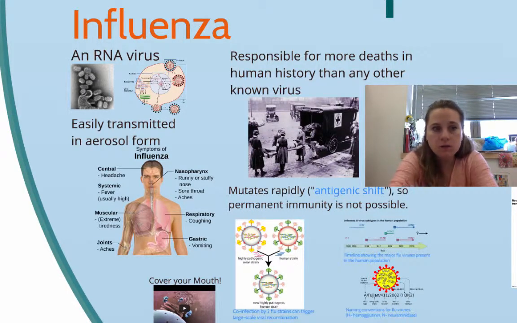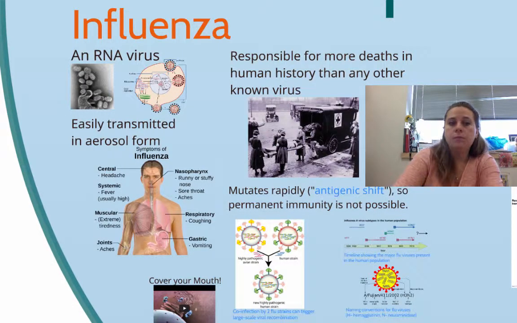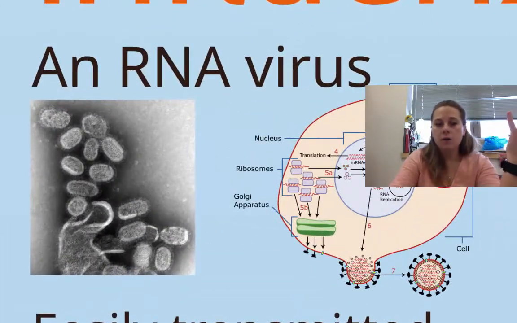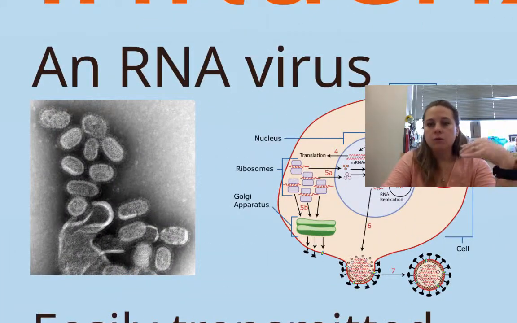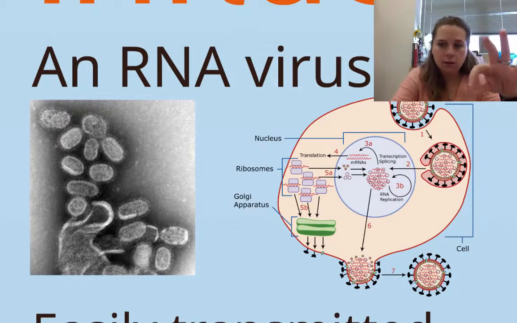It's an RNA virus, easily transmitted in aerosol form, so they can survive outside for a little bit. So this RNA virus enters in. You can see how it goes in, enters into the cell. Information gets sent into the nucleus, not the whole thing, just the genome will enter into the nucleus.